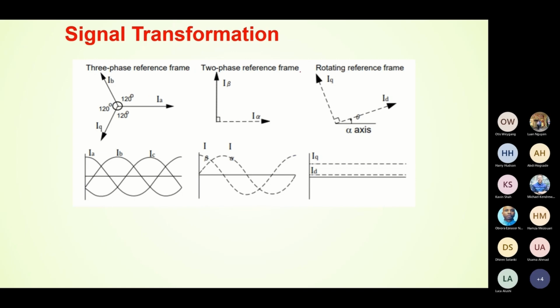Going from here to here, this one is called the Park transformation, and here you have the Clarke transformation.